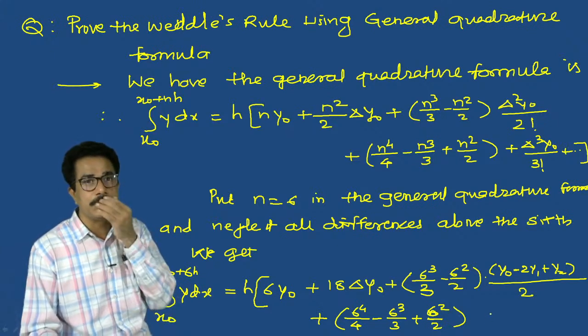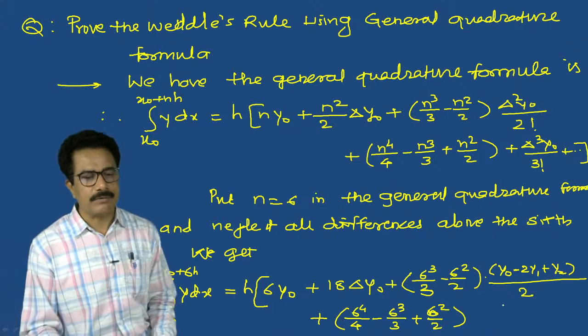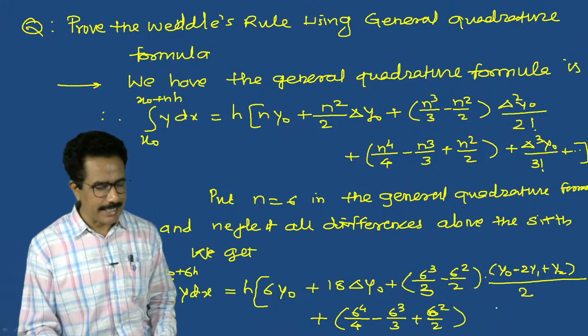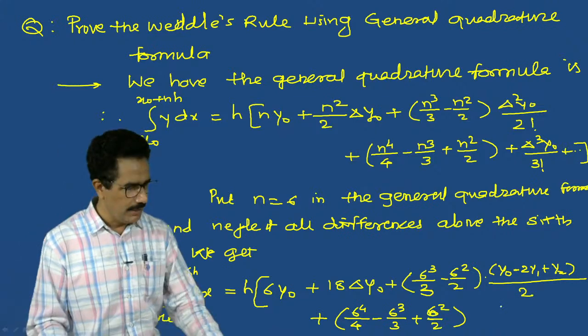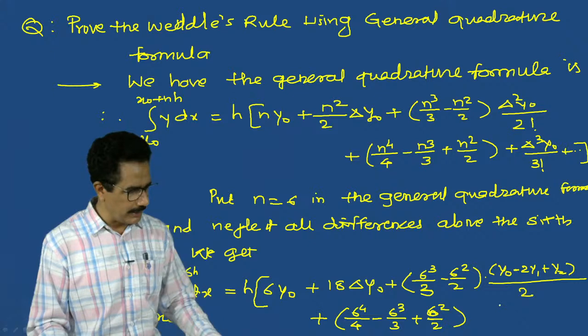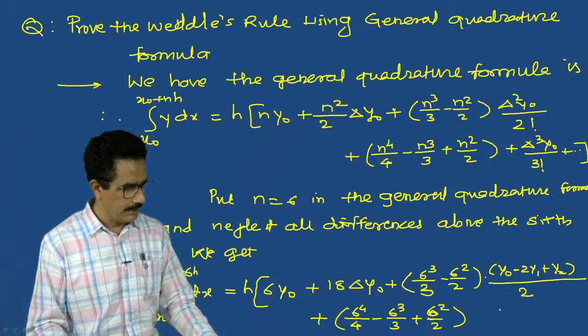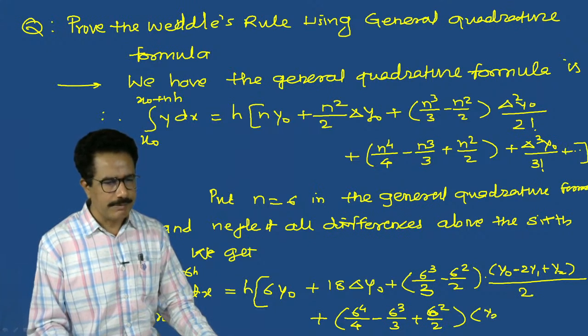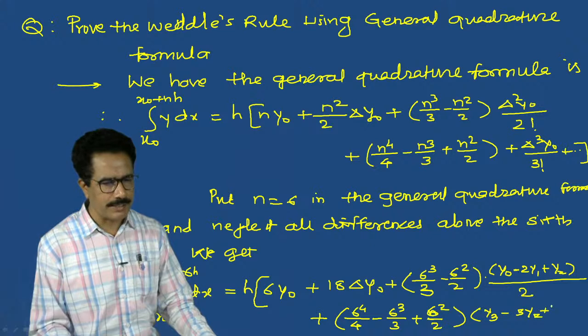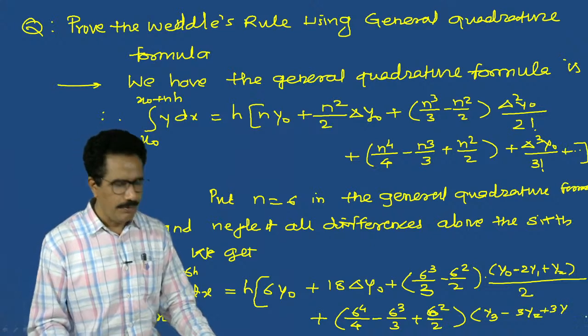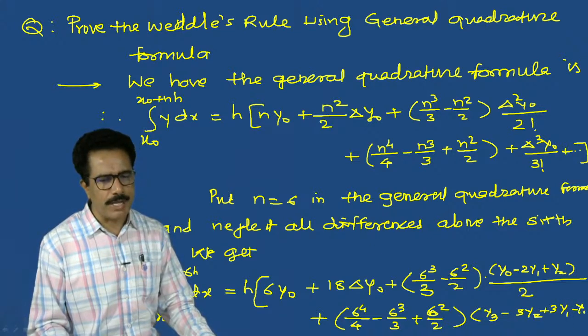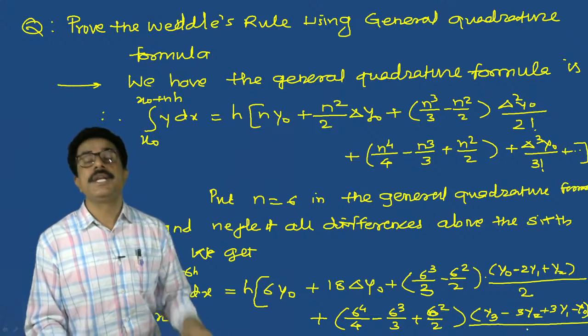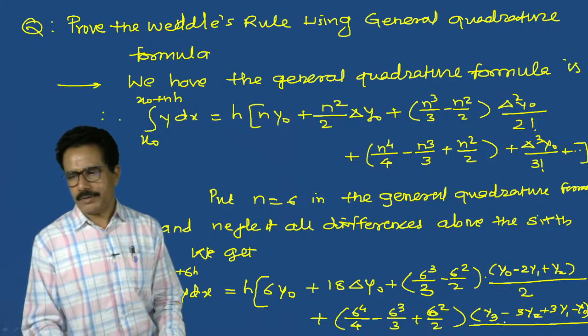We have kept the value of delta 3y0. Look, calculate what we did. Delta 3y0 means how we can put this delta 3y0, that means y3 minus 3 times y2 plus 3 times y1 minus y0 upon 3 factorial. What is the value of 3 factorial?